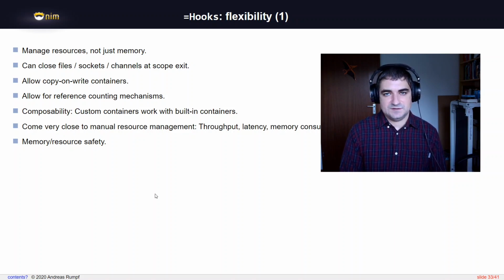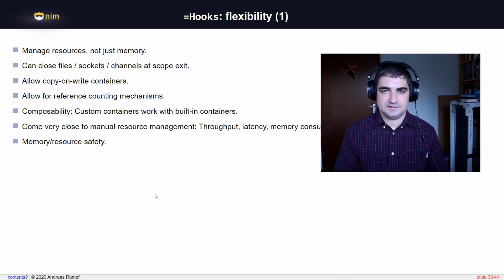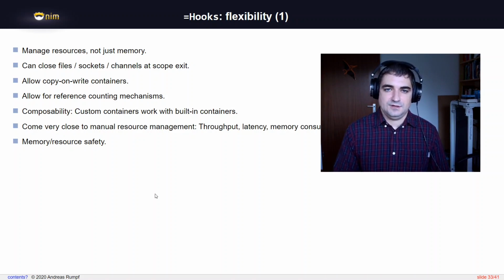These hooks also give us exactly what we need to implement all kinds of exciting stuff. For instance, you can have atomic reference counting, or non-atomic reference counting if you know that it doesn't cross the thread border. Or you can create copy-on-write containers which work like in Swift, where it's close to functional programming, where you can still mutate the container, but there are no aliases to this container, so there's still no spooky action at a distance.